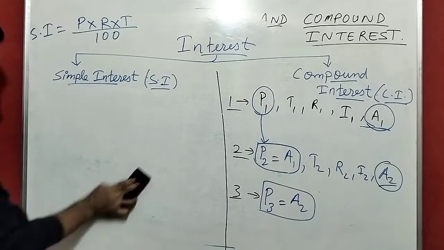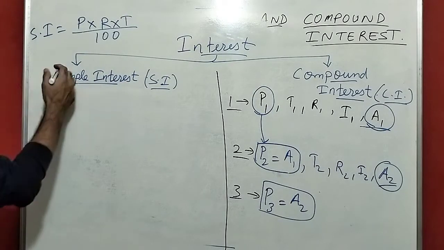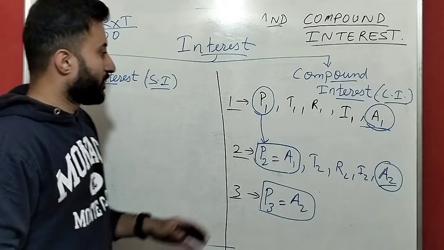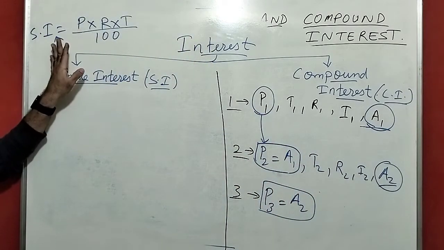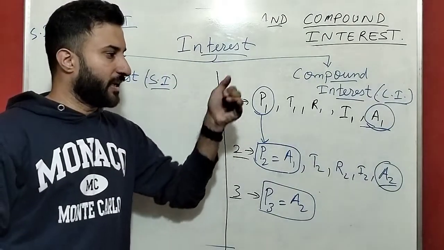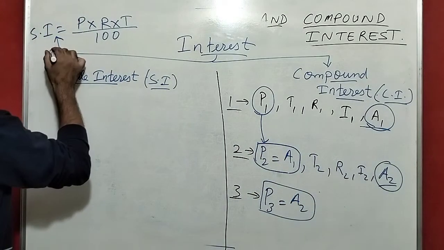See, the first formula for simple interest, when principal, rate and time are given, to find the simple interest, is P into R into T by 100. Okay, this is the first formula.